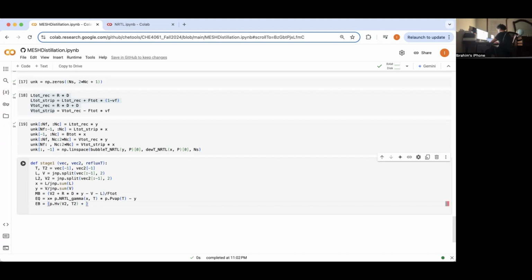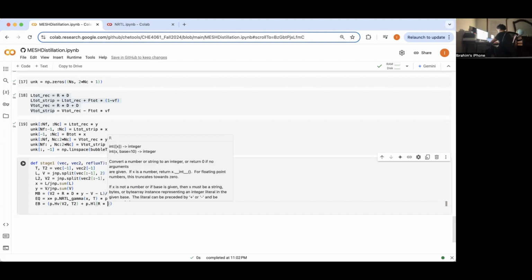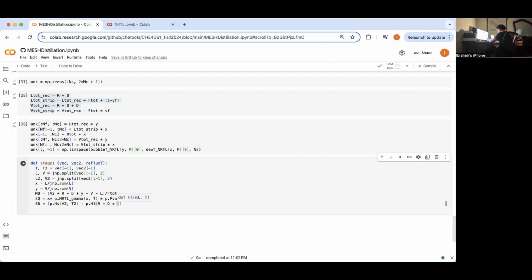And then we're going to be adding this to our liquid enthalpy, so P dot HL. In our parentheses here, we're going to be multiplying our reflux ratio times our distillate times our vapor composition, and then setting our reflux temperature here. Okay, I think that looks good.